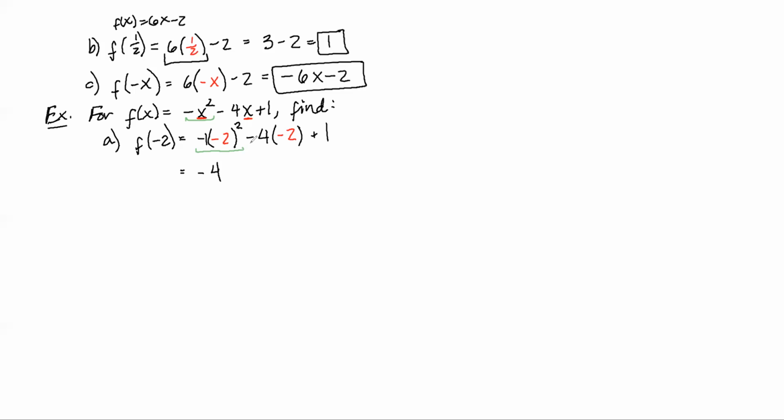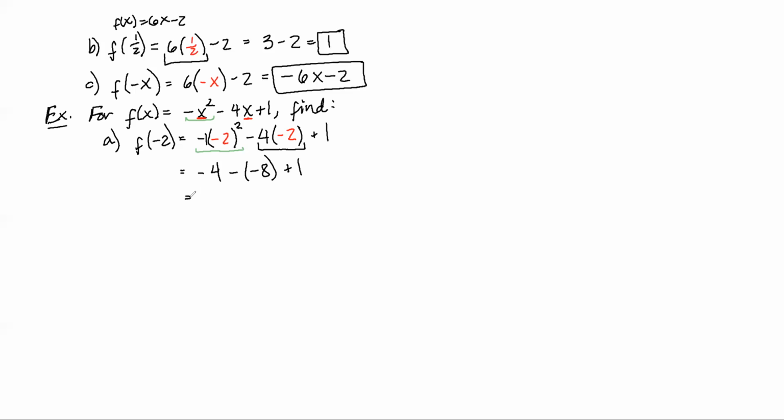Now, our next part, we have minus 4 times negative 2 is negative 8. Now, you can write this a couple different ways. You can think of this up here as negative 4 times negative 2, which is a positive 8. Or if you do it this way, we're going to subtract a negative, and it'll become a positive either way. And then we'll bring down that plus 1.